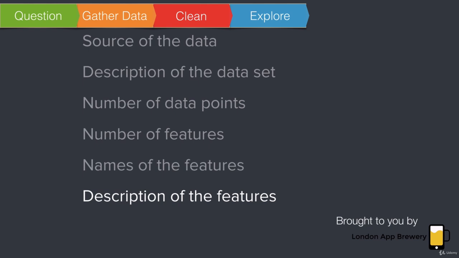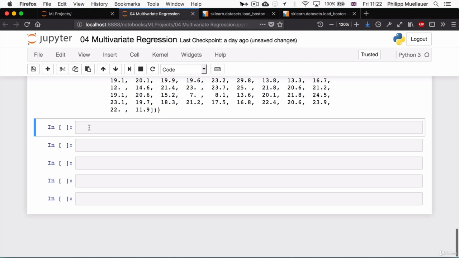Okay, so now that we've got our to-do list, let's return to the Python code and see if we can answer these initial questions and check them off one by one. There is a handy little Python function called dir that we can use to look at a Python object's attributes.